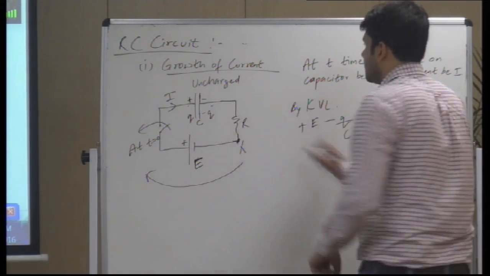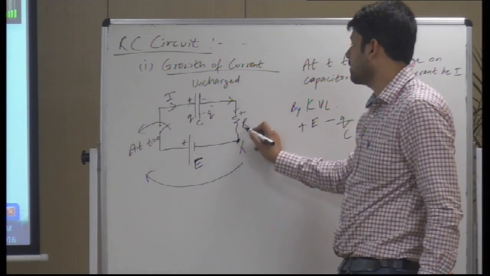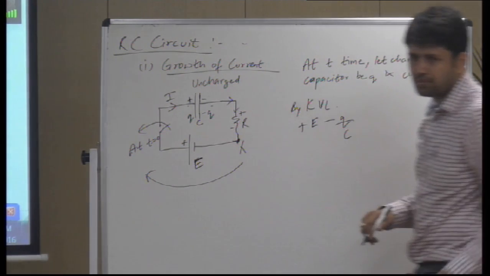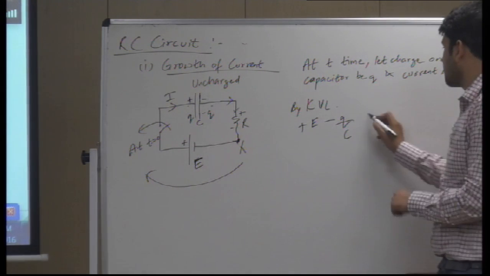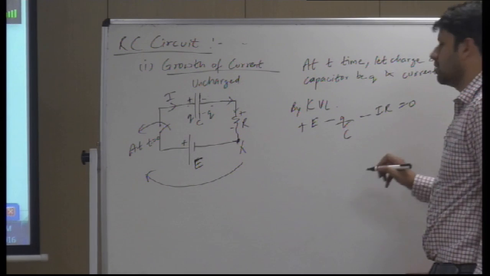And for the resistance, the current is flowing like this, so this is plus, this is minus. Current flows from positive to negative potential. So minus IR is equal to 0.